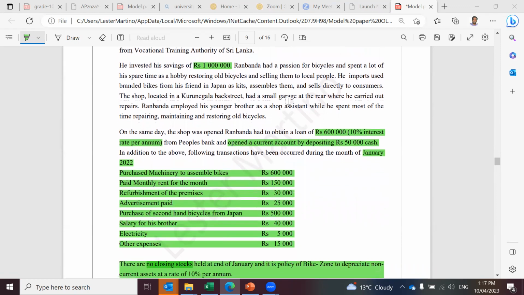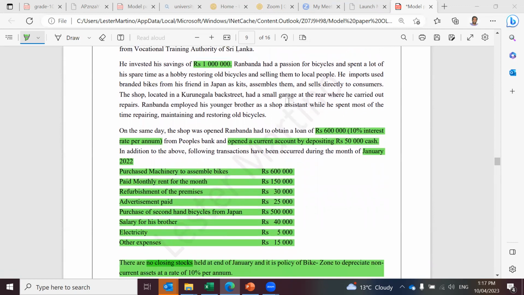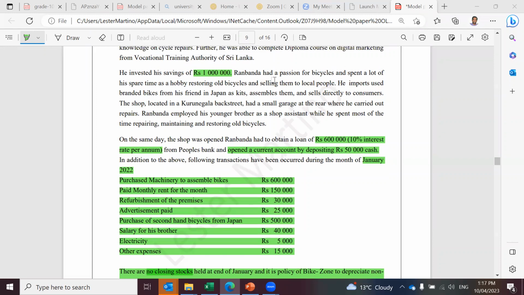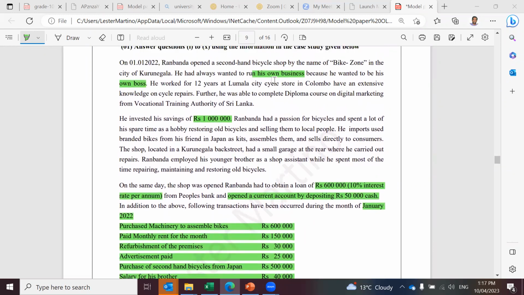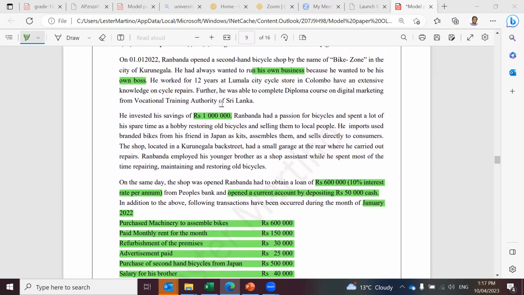Is it a commodity manufacturing or service delivery? What's the answer? Any answer from y'all? Is it a commodity manufacturing or service delivery?